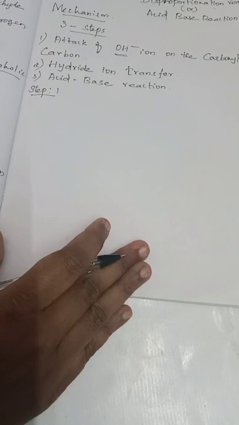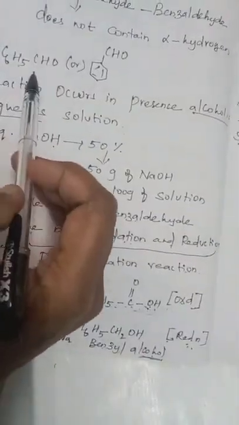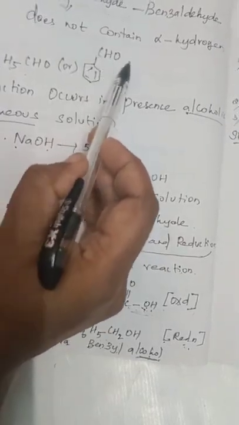You know very well, in the introduction itself I told you we are choosing benzaldehyde as an example. So what is the formula for benzaldehyde? C6H5CHO, or a benzene ring with CHO.